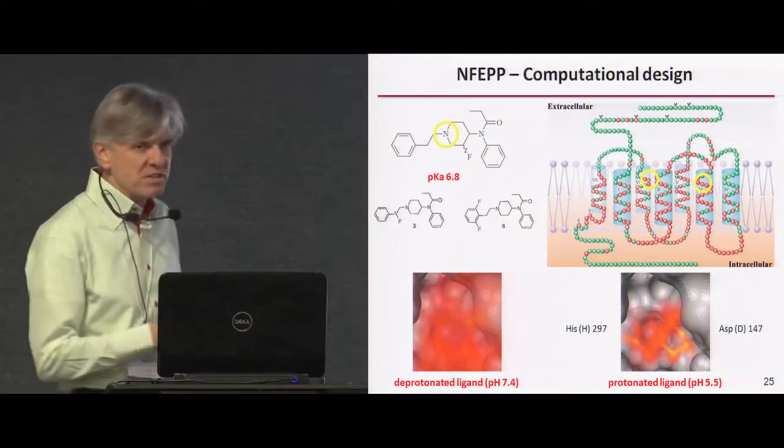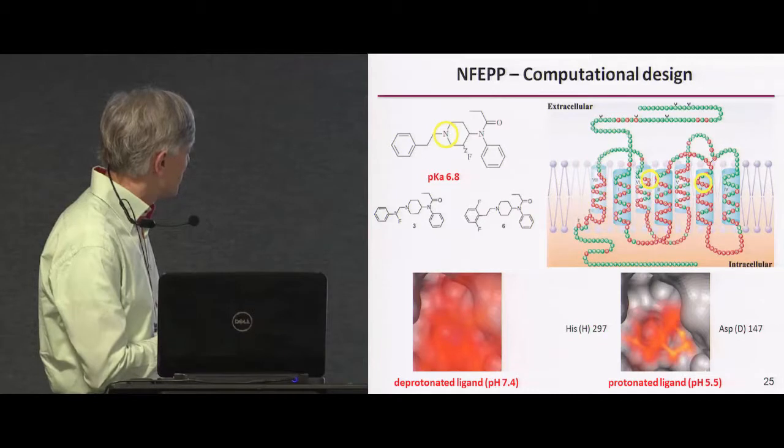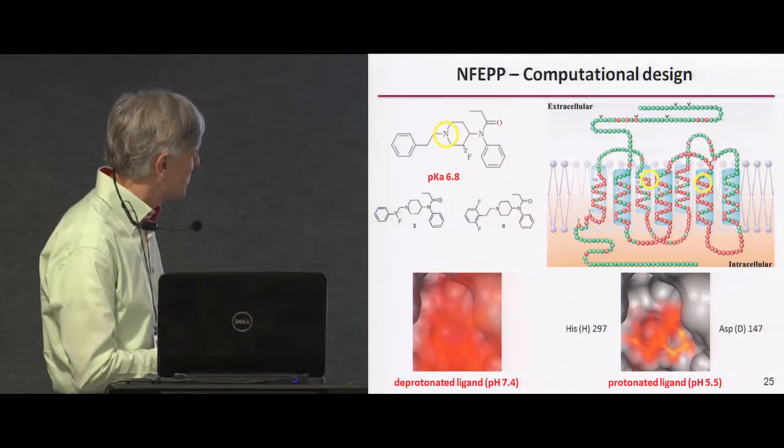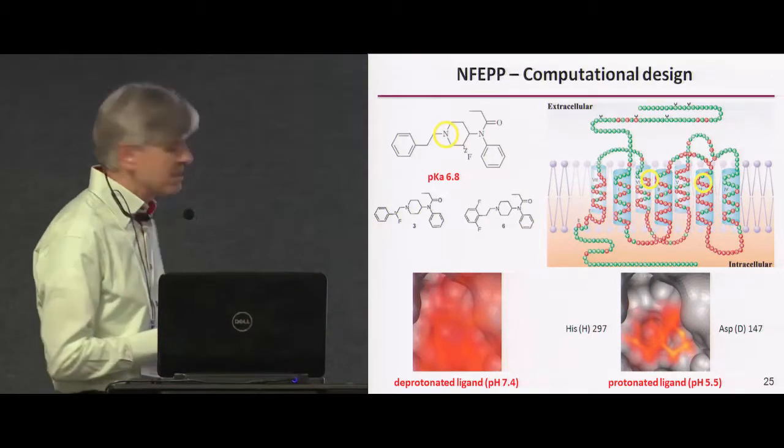And we knew this from many other studies before, that the protonation of this group here is very important for the binding to these two, probably maybe other, amino acid residues.